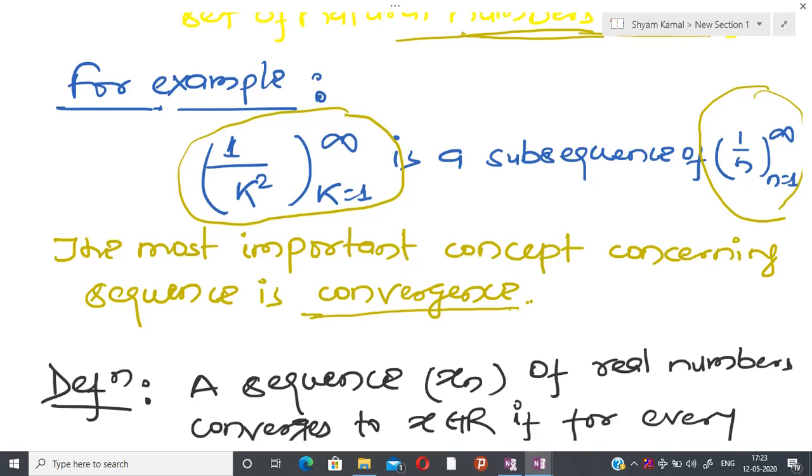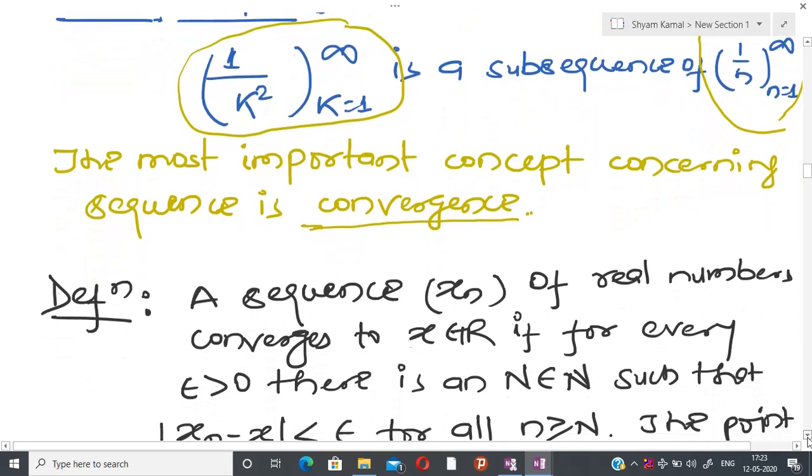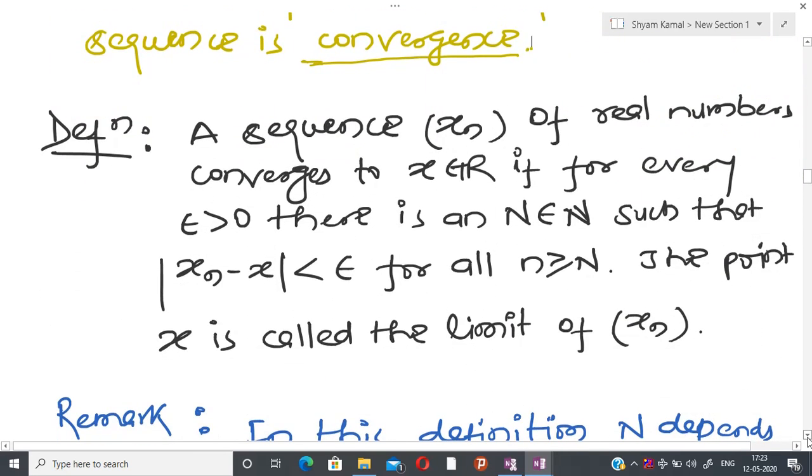So due to that reason, the concept of convergence of sequence is very important. So now let us try to define the convergence, and here in order to define the convergence of sequence, I am going to state the definition. So first you try to understand the definition, and after that we will see the application of this definition using some kind of example.